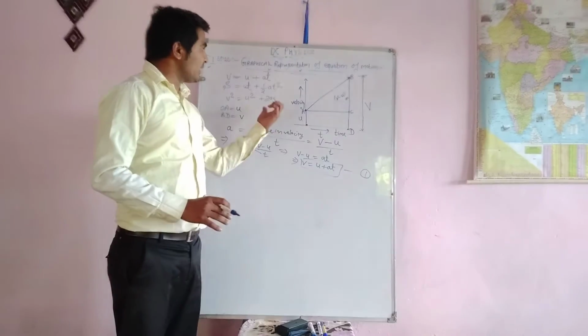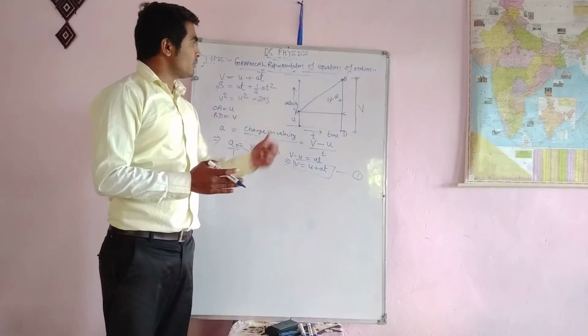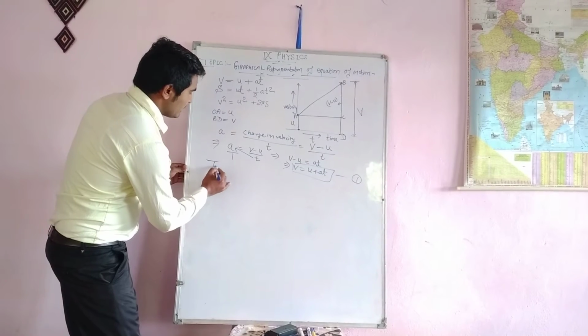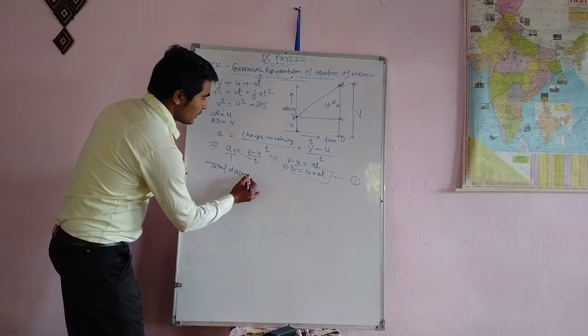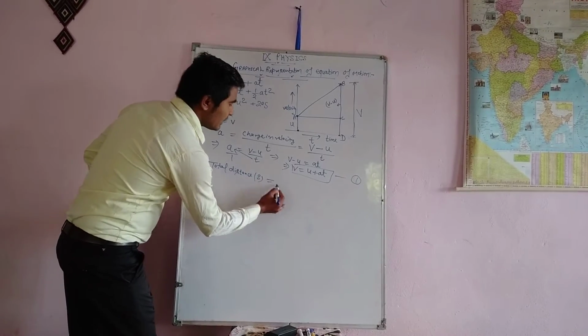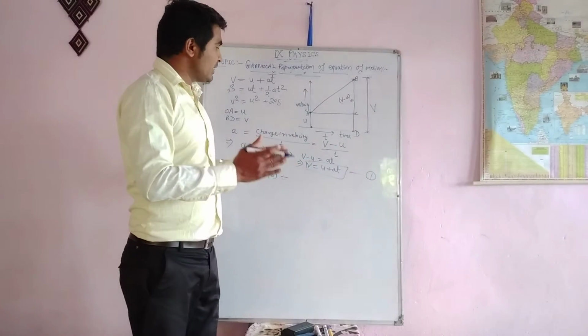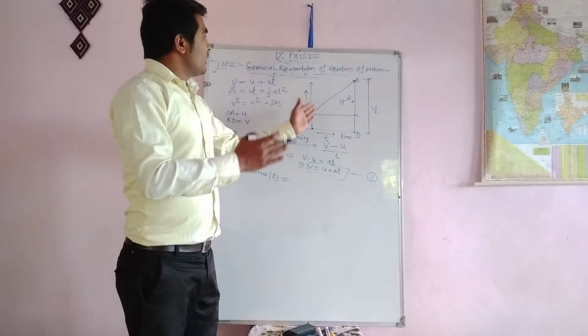Now we have to derive the second and third equations. To derive the second equation, we will find the total distance, represented by s. According to the graph, the total distance traveled by an object is equal to the area of the figure.